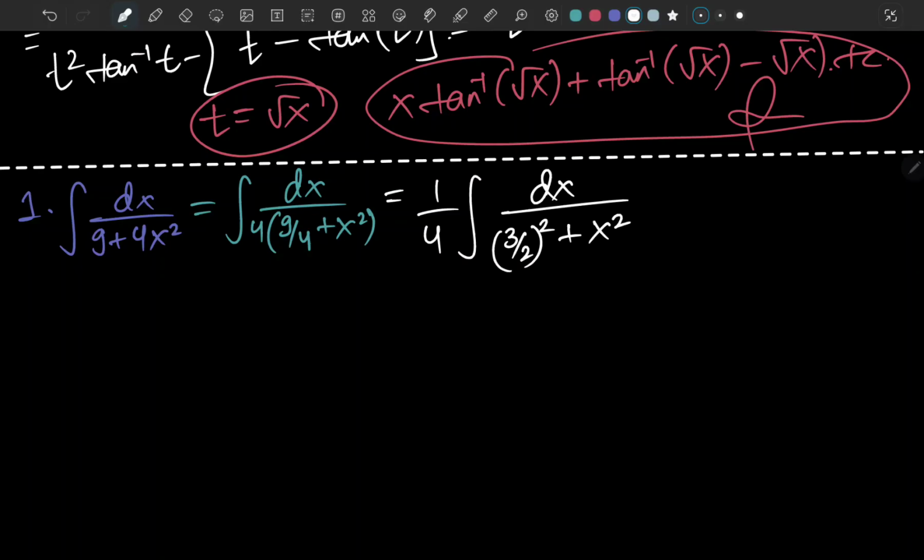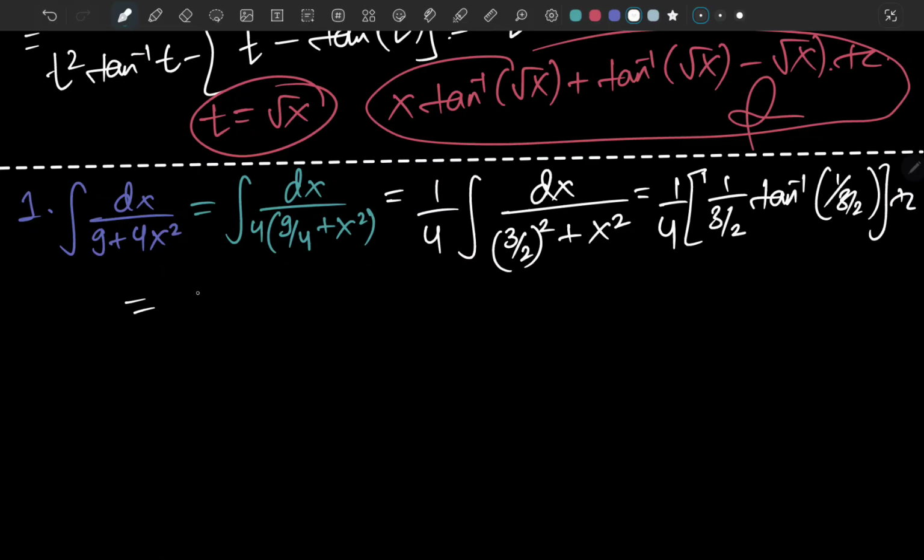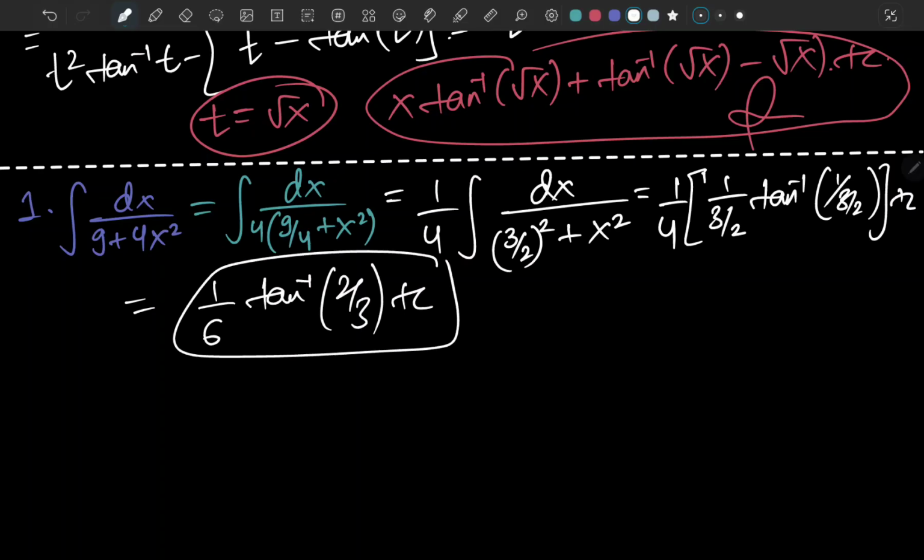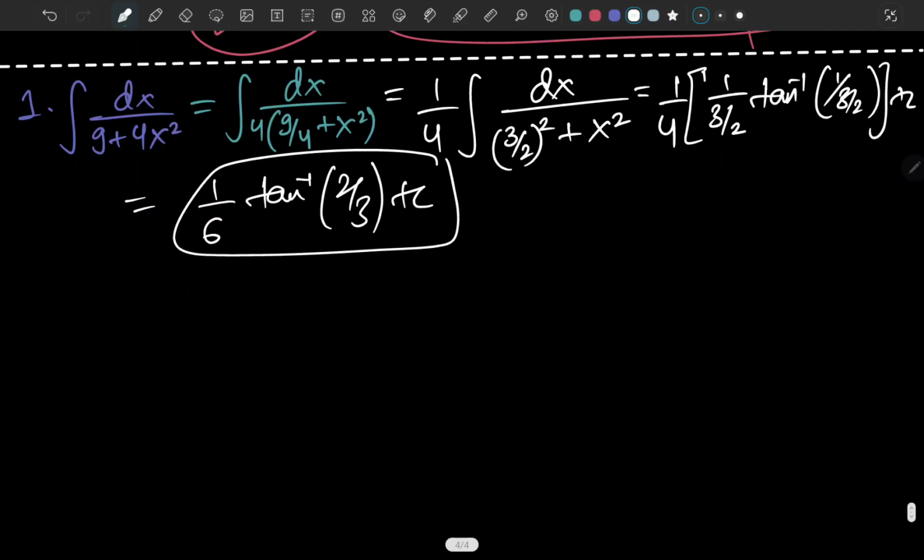Right, guys? And now this is a basic type of integral that says 1 over 3 over 2 times tangent inverse of x over 3 over 2 plus c. It finally evaluates to 1 over 6 times tangent inverse of 2x over 3 plus c. That wasn't really tough, it was really easy. Oh sorry, there was x, don't forget about that.